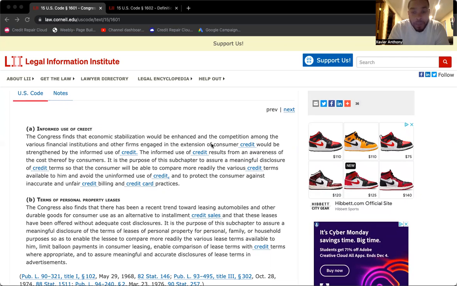It is the purpose of this subchapter to assure meaningful disclosure of the terms of leases of personal property for personal, family, or household purposes, so as to enable the lessee to compare more readily the various lease terms available to him, limit balloon payments in consumer leasing, enable comparison of lease terms with credit terms where appropriate, and to assure meaningful and accurate disclosures of lease terms in advertisements.